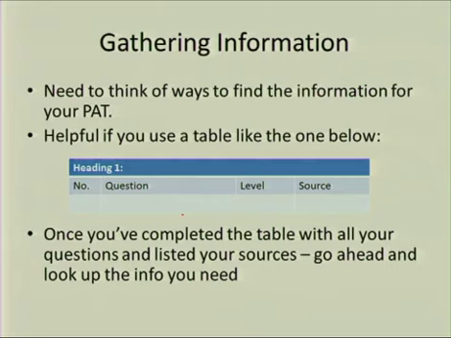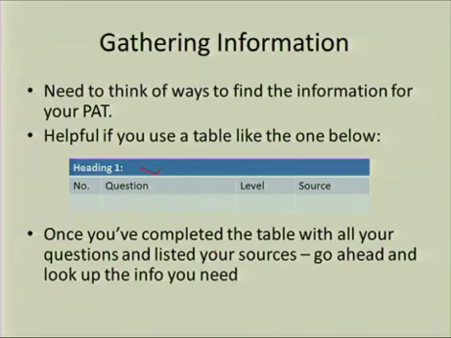So in your table, you are going to have your heading, whatever it may be. Then you are going to write your question down, the level of the question, and the source. Now the source is where you are going to go and find your information. So once you've completed your table for all your questions, you can go and look up the information from your sources, and you can use the internet, you can go and gather your information via your questionnaires, you can do your interviews, and you can put it all together into one document.